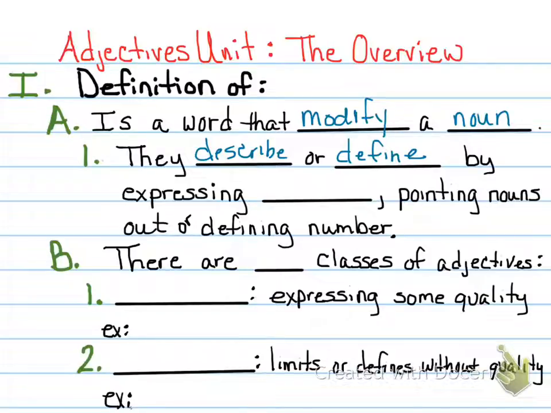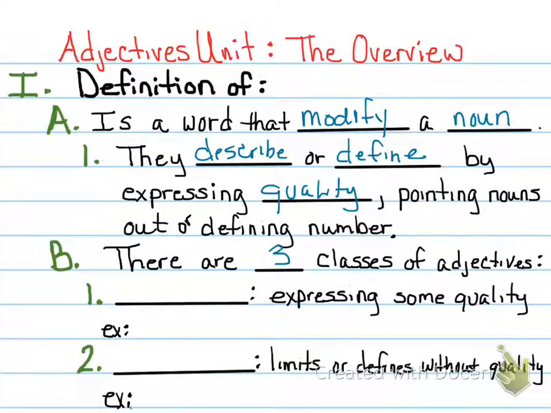And they do this in three ways. One is by expressing quality. The other is by pointing those nouns out, you know, this dog, or defining number, 2 dogs.